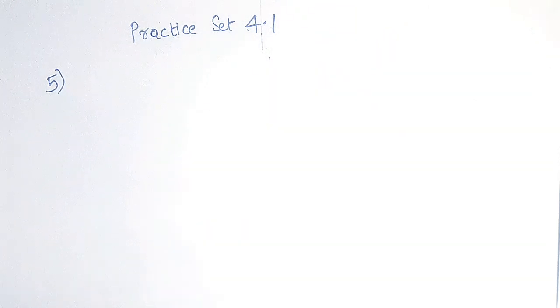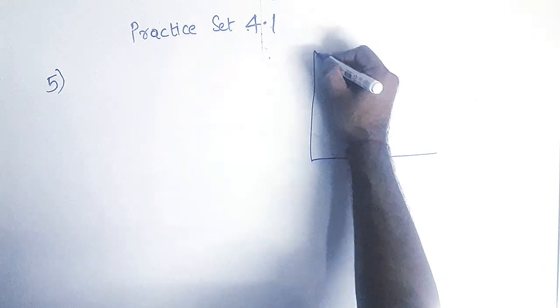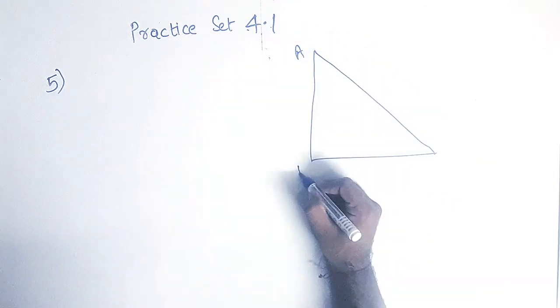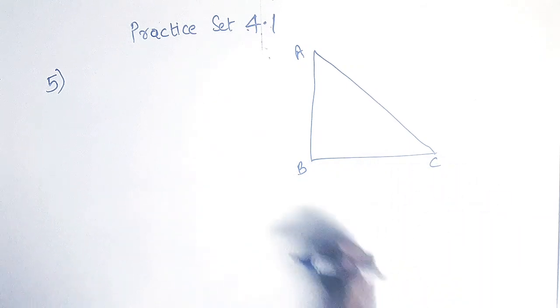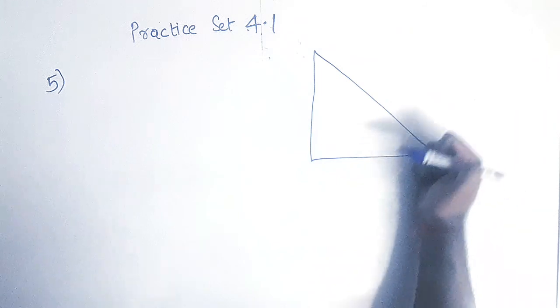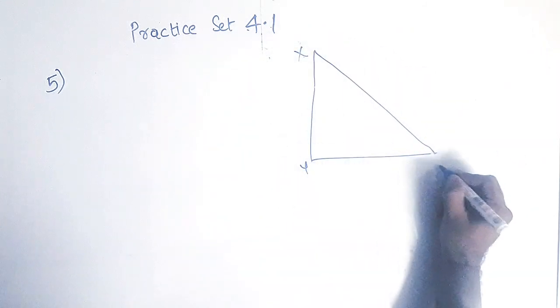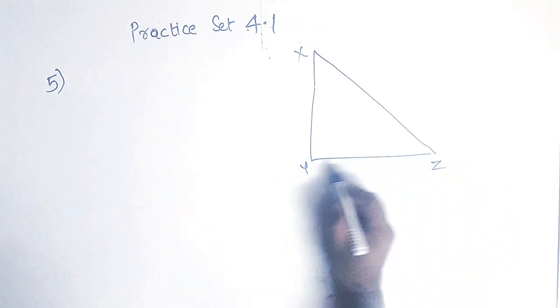So the fifth one is similar to the third one, where we have to draw a right angle triangle and draw its medians. So this is A, B, C. I beg your pardon, they have given the name X, Y, Z. So I'll give X, Y, Z. Then your first step is to find the midpoint.